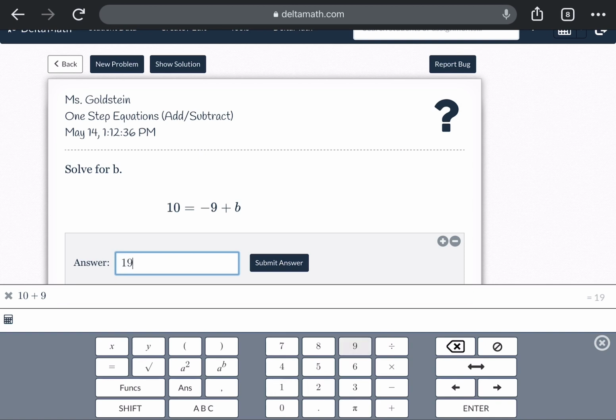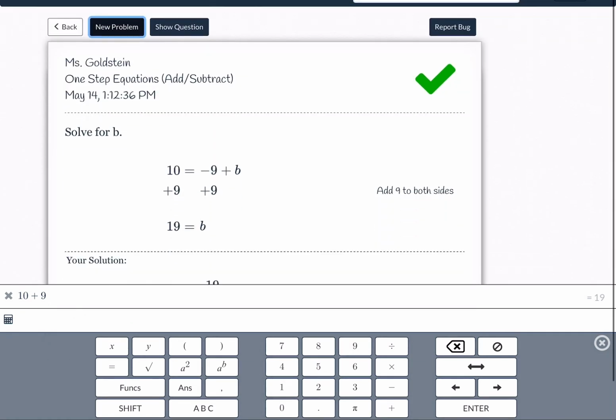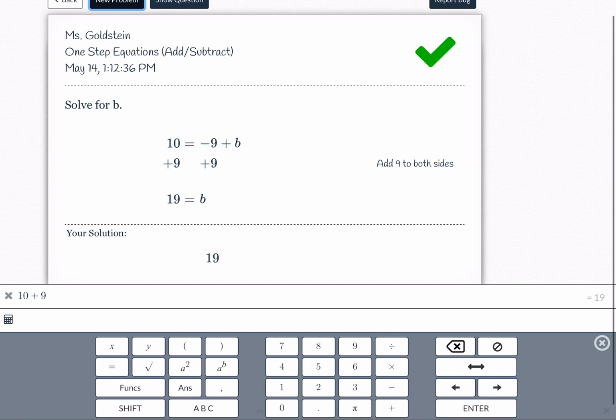I type that in. Okay, and it shows you the steps here. Unfortunately, Delta Math doesn't let you draw on the screen, but you can have scrap paper on your own. But you can see I did +9 on both sides. The 9's canceled. And on the left side, I had 19.